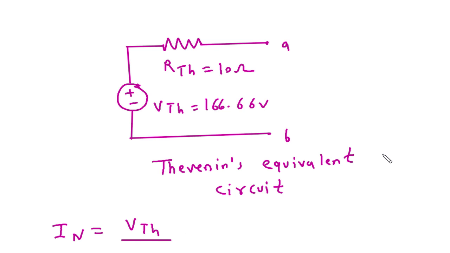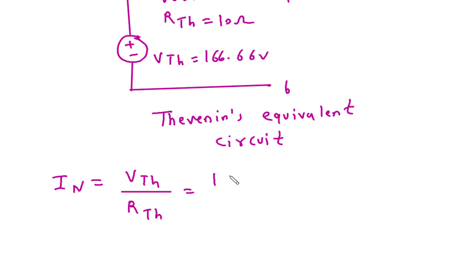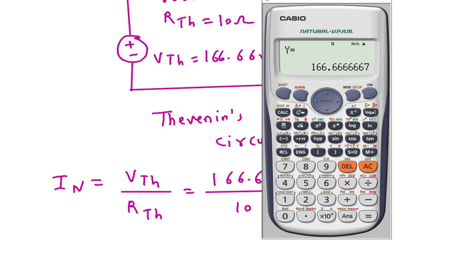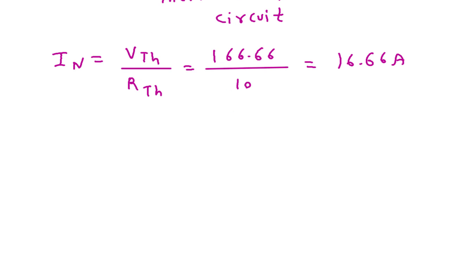VTH is 166.66 divided by RTH is 10. So 166.66 divided by 10 will be 16.66 ampere is the value of IN.